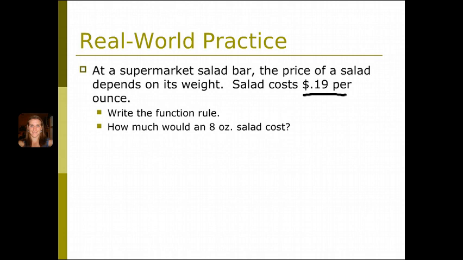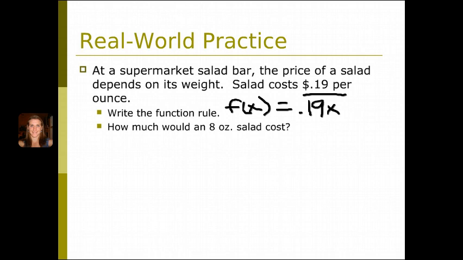The function rule for a salad would be f of x equals, we're going to write 19 cents, 0.19, and per is going to mean times, so we're going to write 0.19x. So we're going to times it by the ounces of salad.